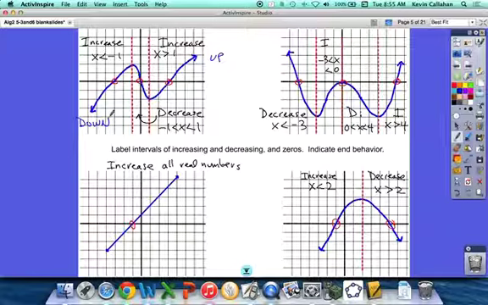What is the end behavior here and here? It's 2 ups. Up, up, and up. What's the end behavior here? Down and up. What's the end behavior here? Down and down.